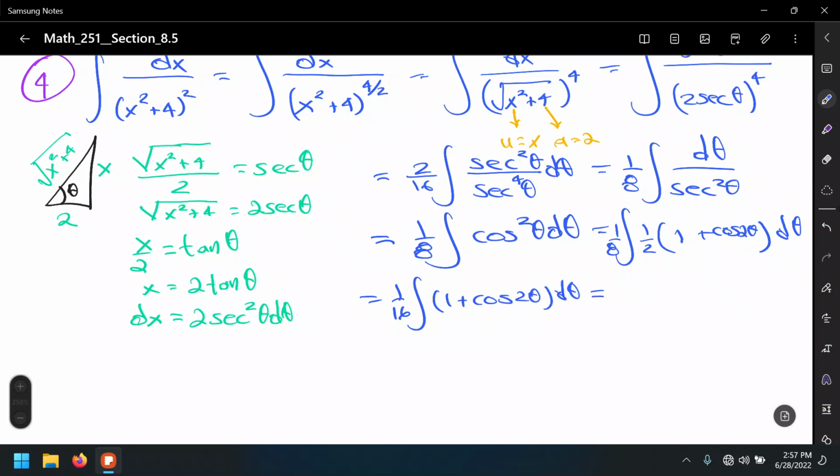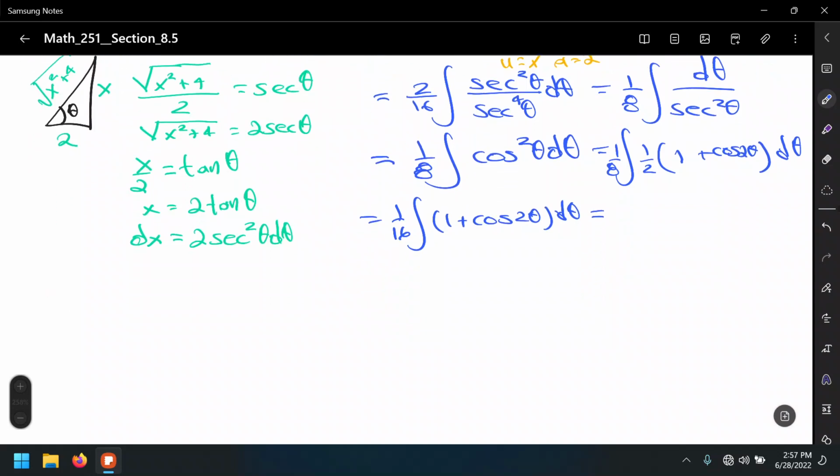And let's split into 2 more integrals. That's 1 over 16 the integral of d theta, plus 1 over 16 the integral of cosine 2 theta d theta. And well, the first one is really easy to compute. That's just 1/16 theta.